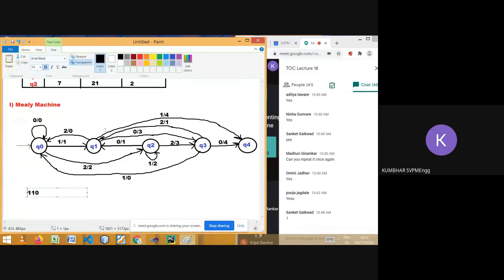Just a minute, let me figure it out. If you find it, tell me. You can even try on the mobile also.